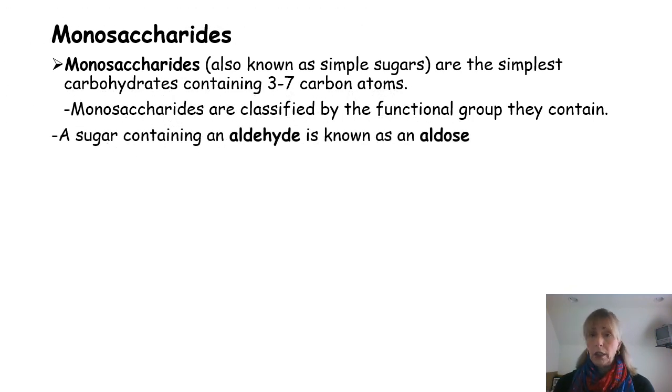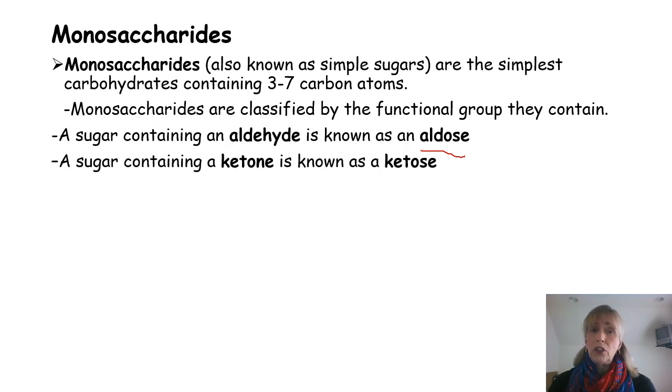A sugar that contains an aldehyde is known as an aldose. Okay, aldose. ALD for aldehyde. And a sugar that contains a ketone is known as a ketose. Okay, so ketose, ket meaning ketone. Okay, and the OSE indicates a sugar.